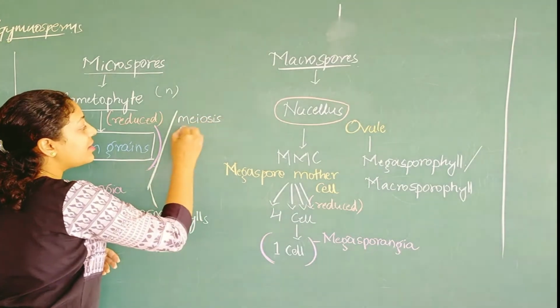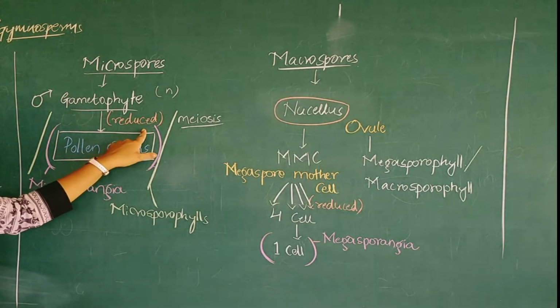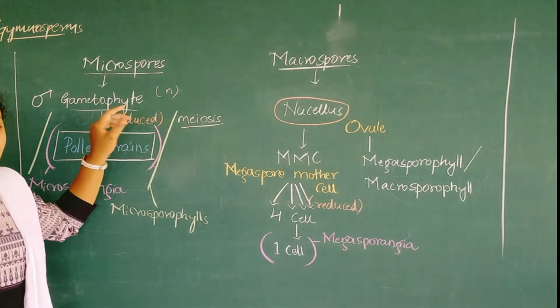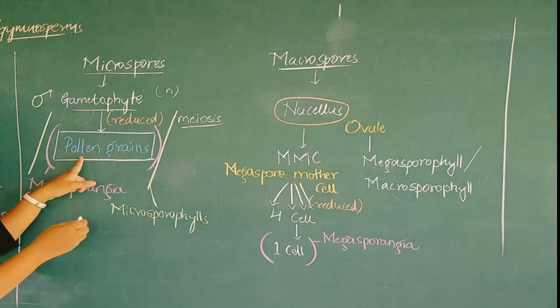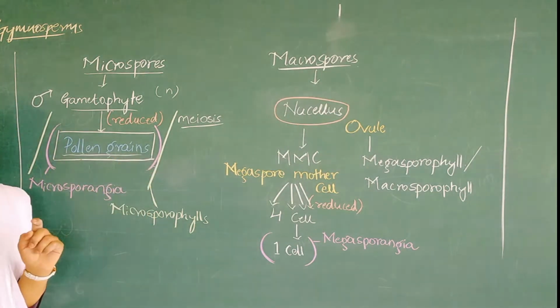Meiosis occurs over here, that is the number of chromosomes is reduced, and the cells containing the reduced number of chromosomes are called pollen grains. Is it clear?